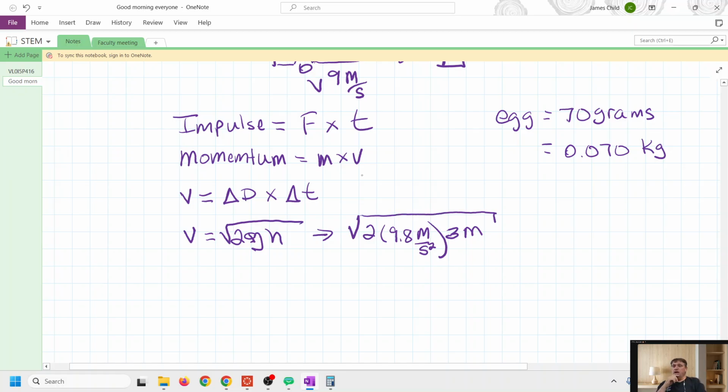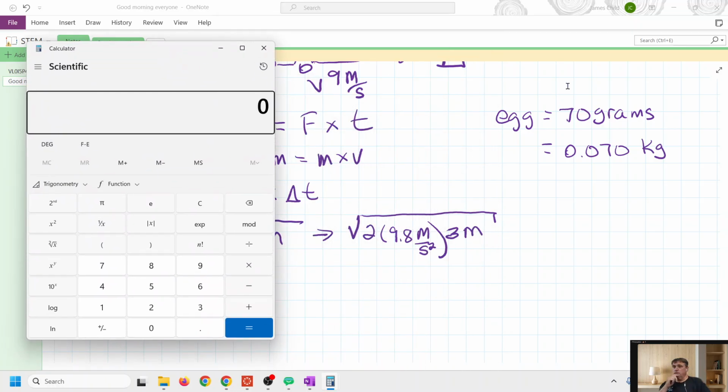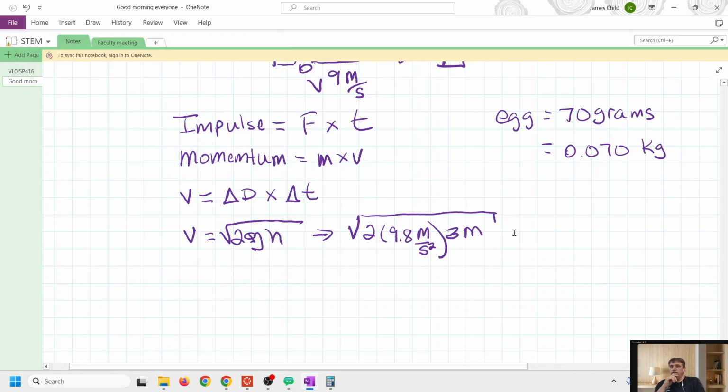Now, let's grab the calculator. So, 2 times 9.8 times 3 is equal to 58.8, I believe.